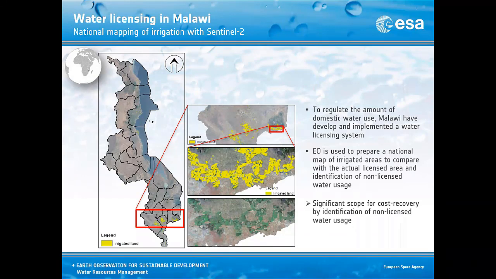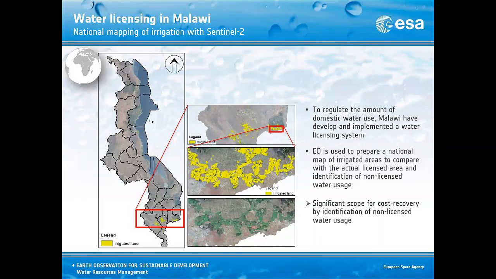But one of the critical issues in terms of effectuating the water license system is a lack of good spatial information about where the big water users are located. So in that sense, the national scale mapping of irrigated areas is highly relevant in order to compare the location of irrigation with the actual license registrations, and potentially then the identification of non-licensed water users.